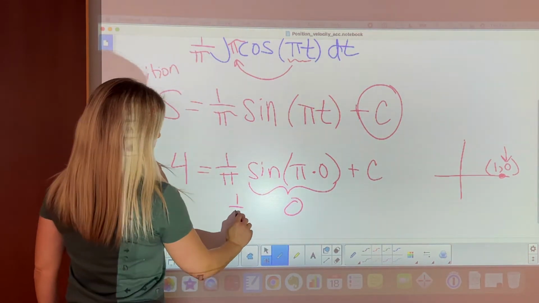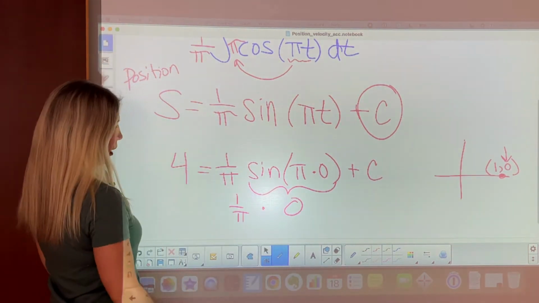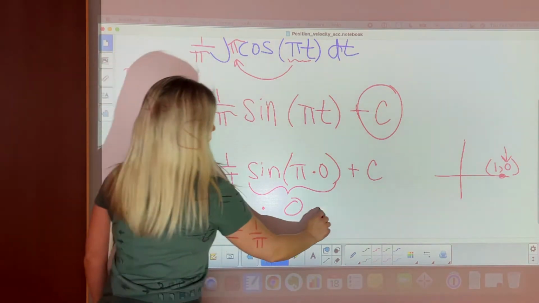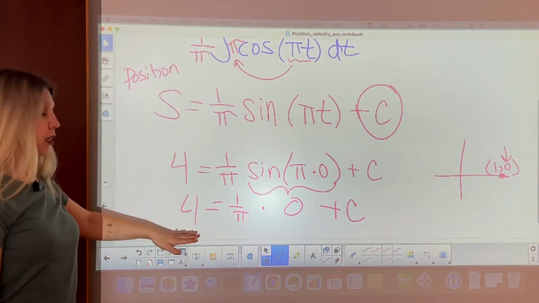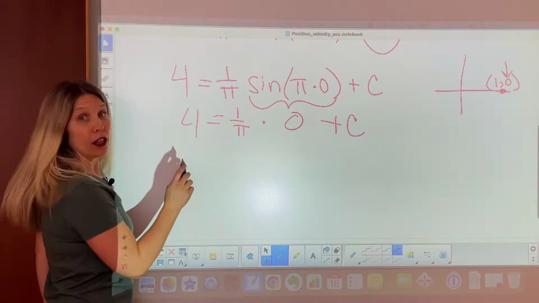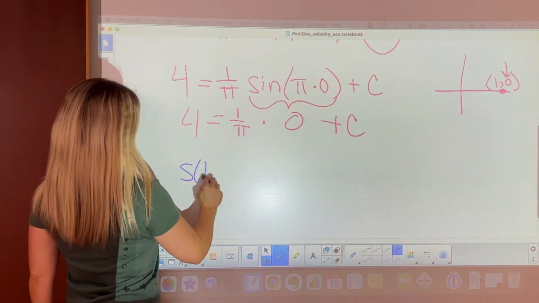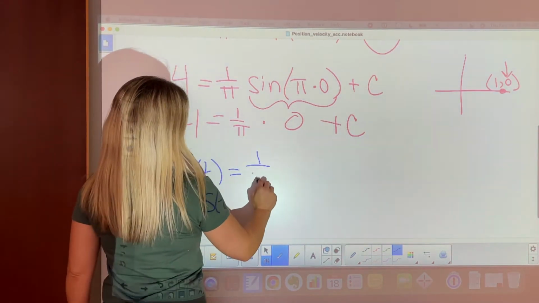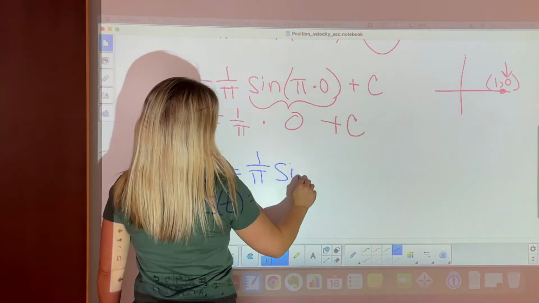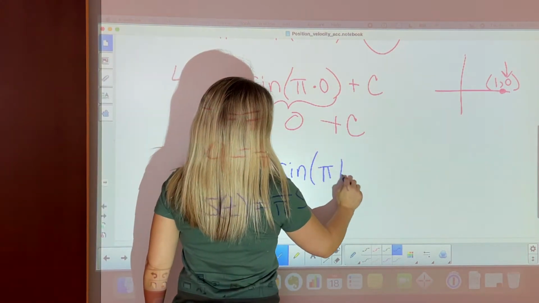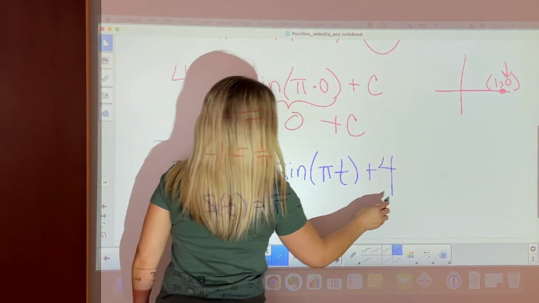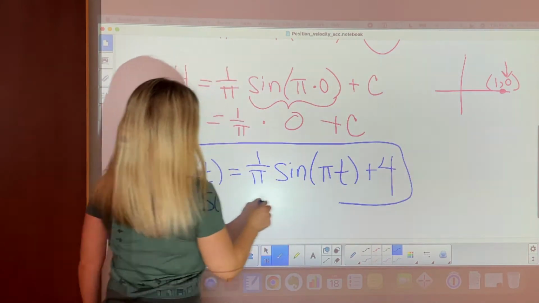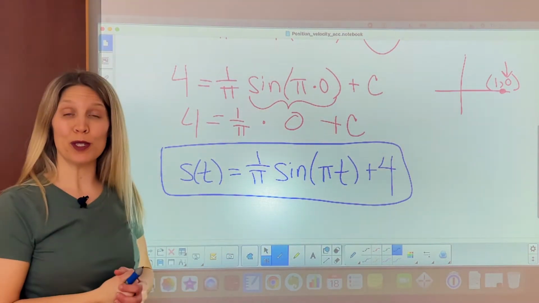And 0 times 1 over pi is just going to be 0. So our c will equal 4. Therefore, our position equation will be 1 over pi sine of pi t plus 4. And that would be your position equation.